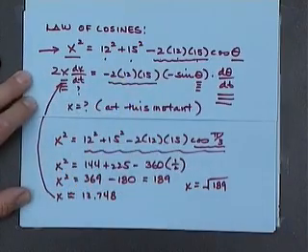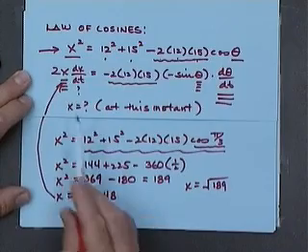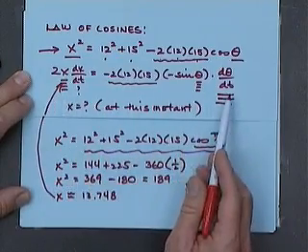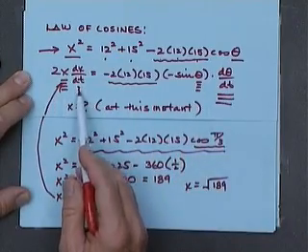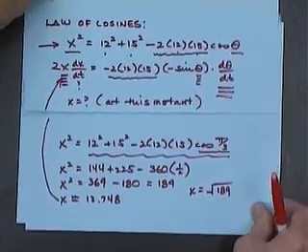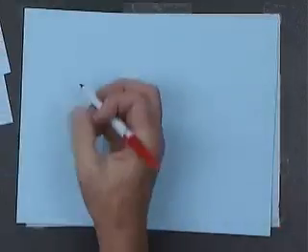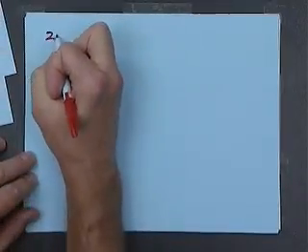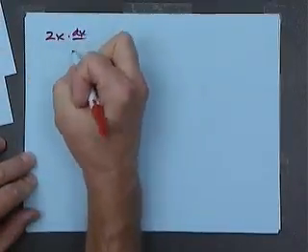All right, so that goes up here. So we know what x is. Everything else we either know or we want to know. So let's start plugging in values. So here's our equation. 2x dx over dt.